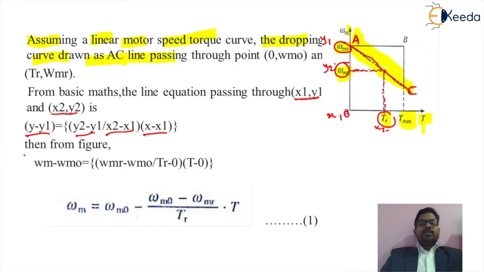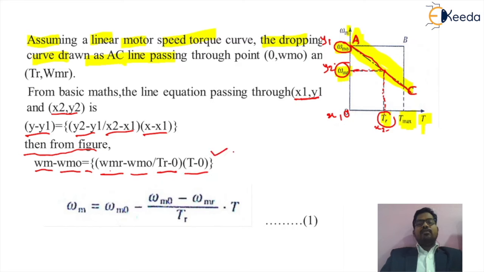From the figure we get the equation: omega m minus omega m0 is equal to, in brackets, omega mr minus omega m0 divided by Tr minus 0, into, in brackets, T minus 0.